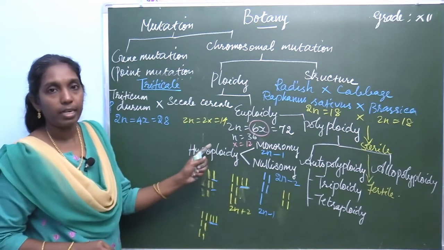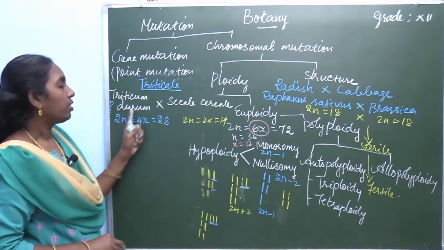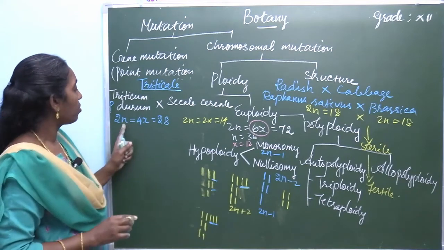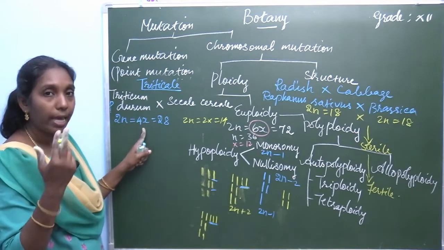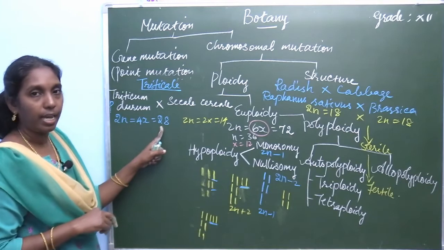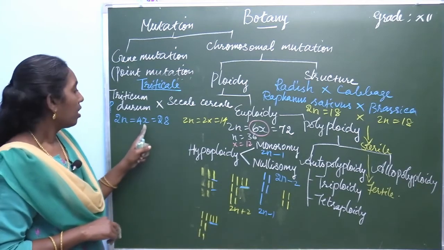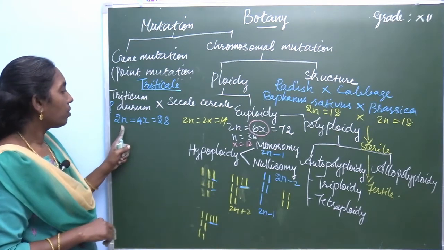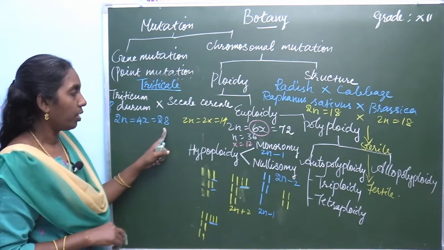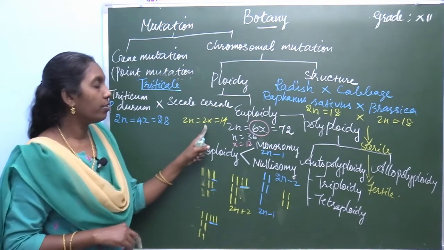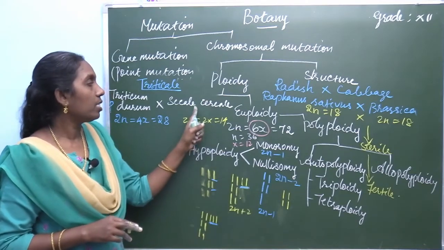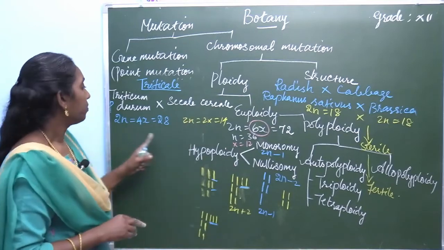This is the normal condition. First learn these numbers, the diploid set of chromosomes. X comes under monoploid. So in Triticum durum, 2n is equal to 4x is equal to 28, and in Secale cereale, 2n is equal to 2x is equal to 14.